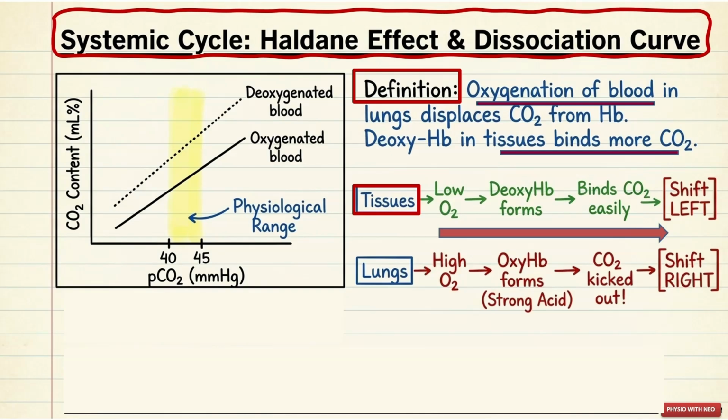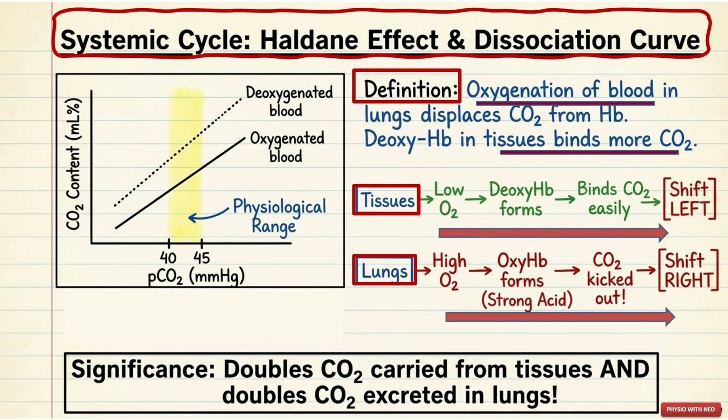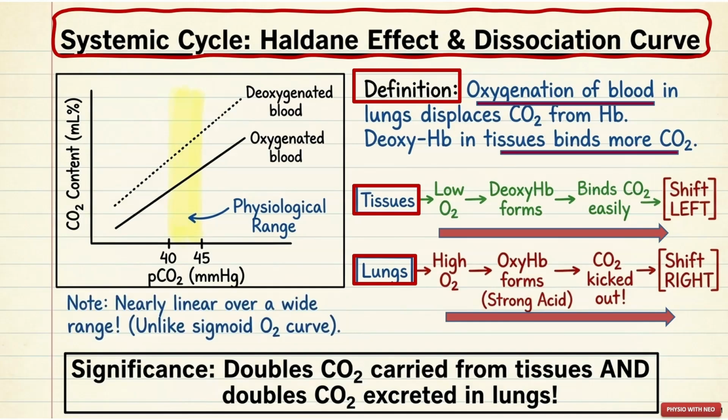Whereas in the lungs, when oxygen binds the hemoglobin, carbon dioxide is released. So one sentence to remember: double the carbon dioxide carried from the tissues and double the carbon dioxide excreted in the lungs. That is, deoxygenation helps carbon dioxide loading, whereas oxygenation helps carbon dioxide unloading. Also notice the carbon dioxide dissociation curve is almost linear, unlike the sigmoid oxygen dissociation curve.